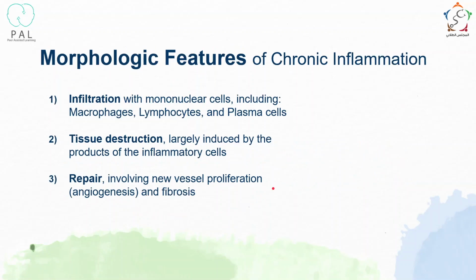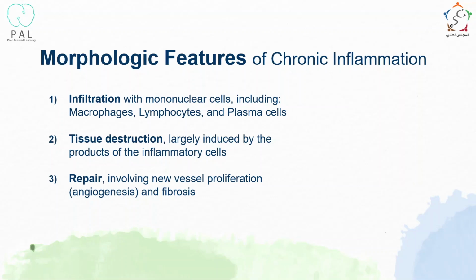Now, if we want to go over the morphological features of chronic inflammation, it's what distinguishes it from acute inflammation. These are the things we find histologically. One, there is an infiltrate of mononuclear cells. Unlike acute inflammation, which is characterized by vascular changes, edema, and neutrophilic infiltrate, chronic inflammation is characterized by mononuclear infiltrate, so not neutrophils.